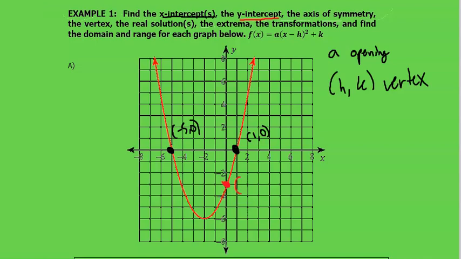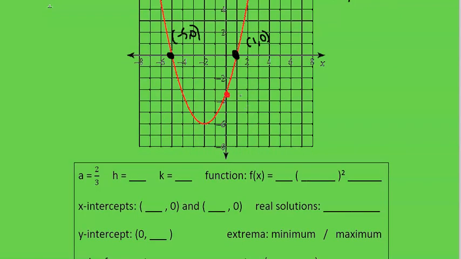And that is at 0, -3. Or actually, it looks like it's a little bit less than -3. So we'll have 0, -3.3 repeated. So like -3 and 1/3.